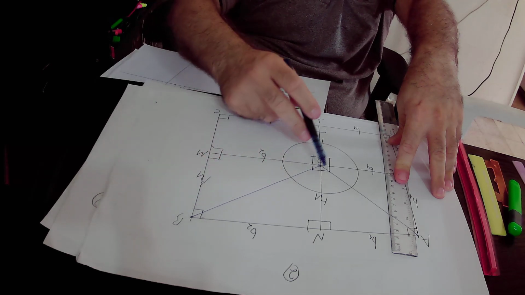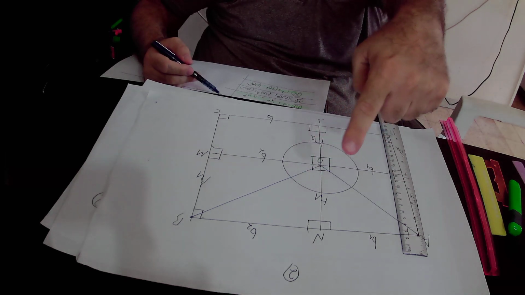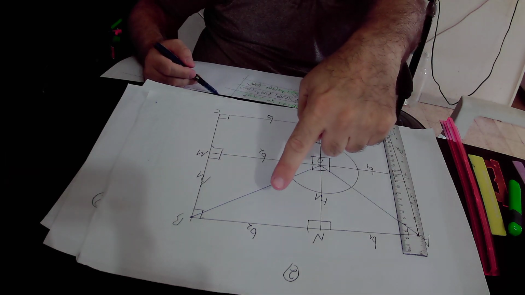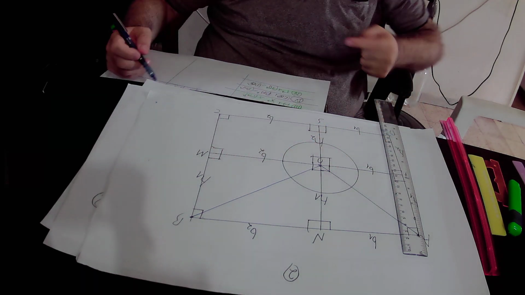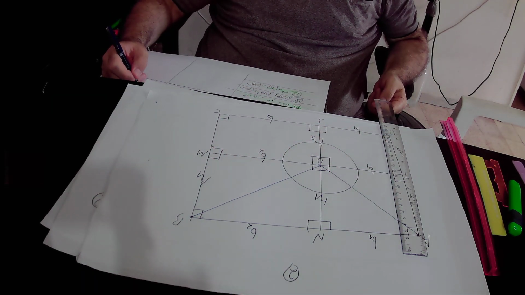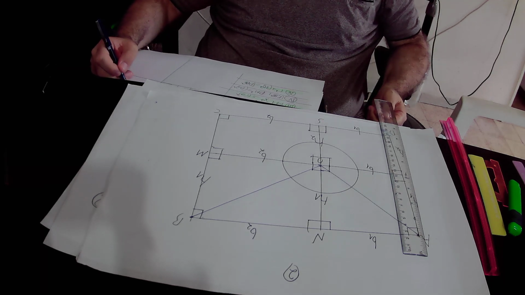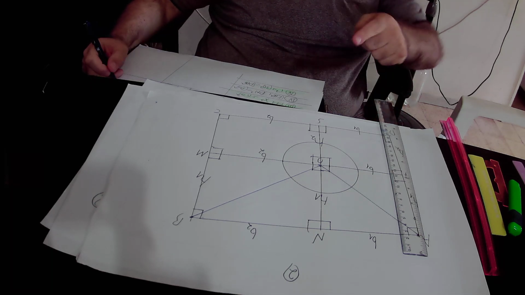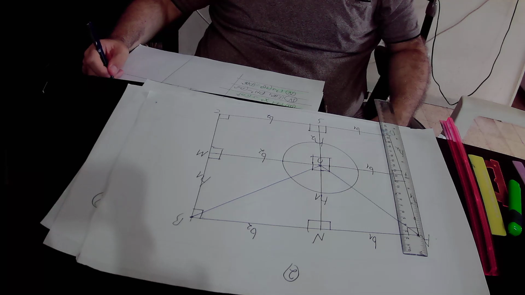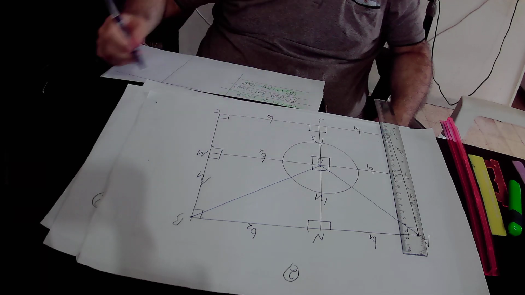This right triangle, according to the Pythagoras theorem, B2 square plus H1 square equals OB square.